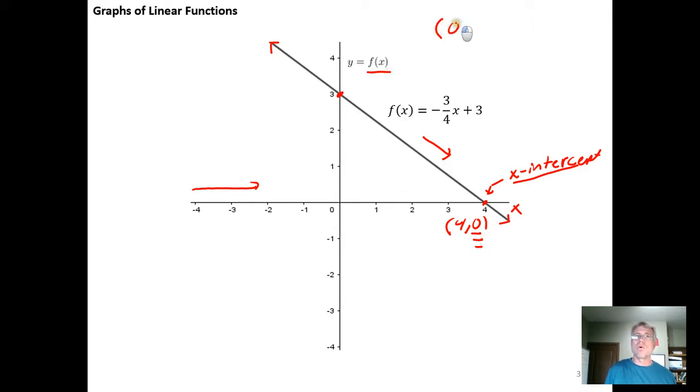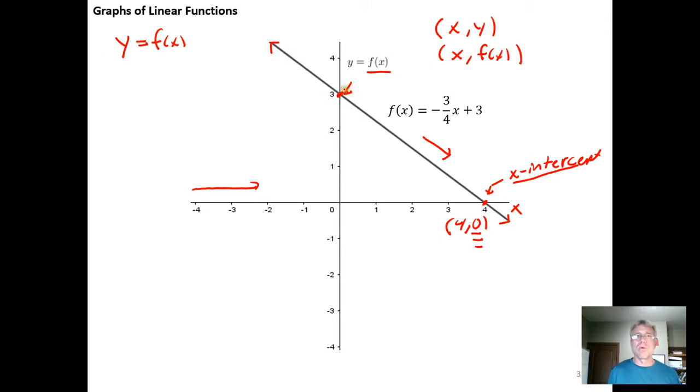So we want to remember our ordered pairs are going to be x, y, or input, output ordered pairs, or in this case x and f of x, because we want to remember from our previous discussion about functions that as long as we're working with a function, y and f of x are synonyms. They're used synonymously.